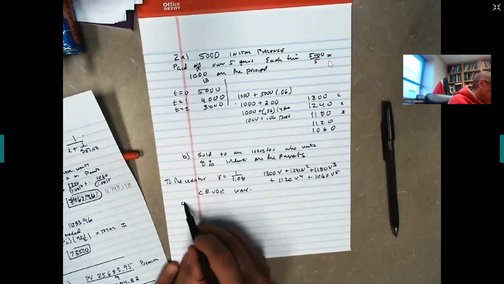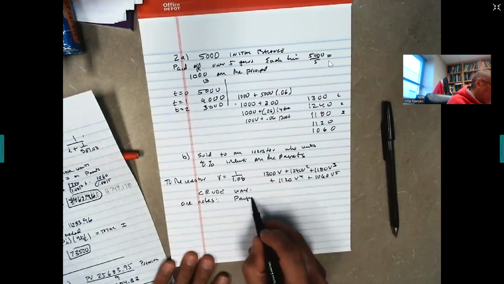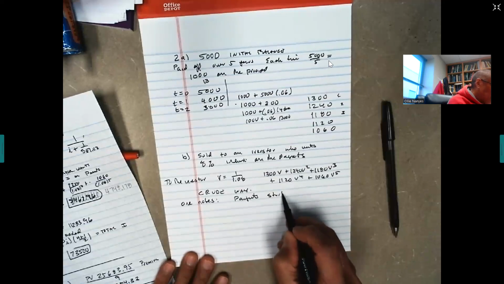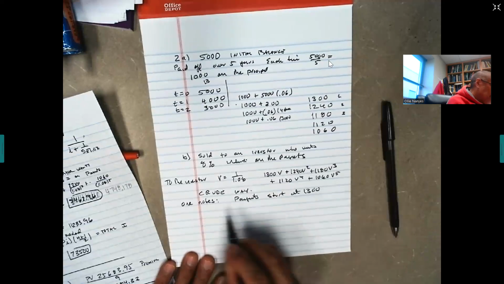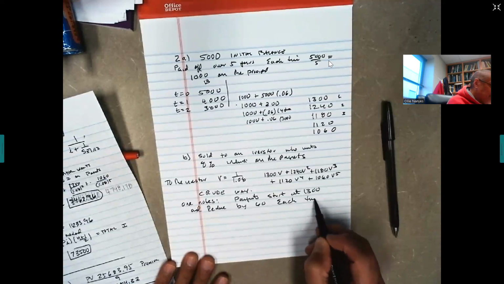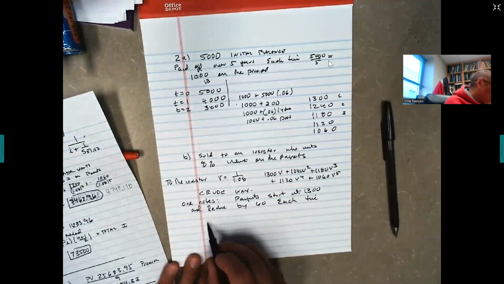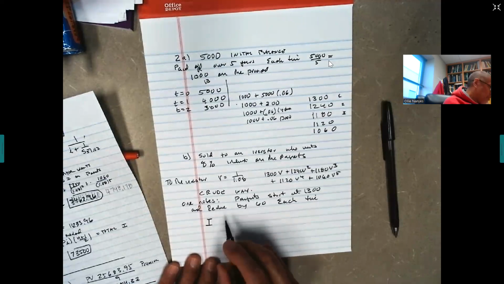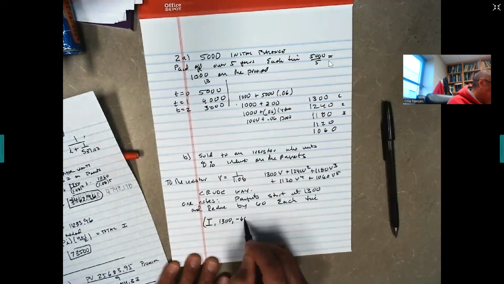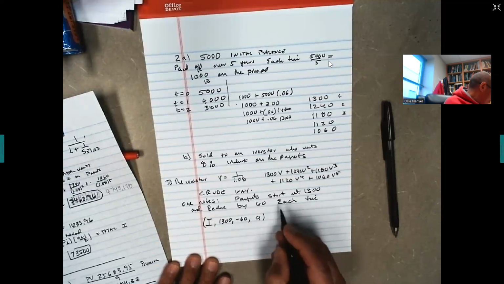One can note that the payments start at 1,300 and reduce by 60 each time. Okay, so the actual notation for that would be a decreasing annuity, 1,300 negative 60. It's a present value.